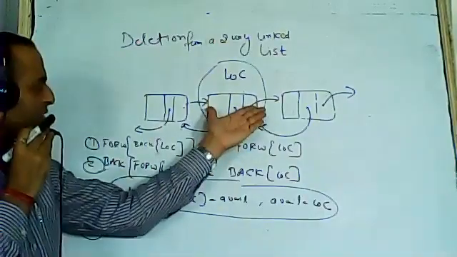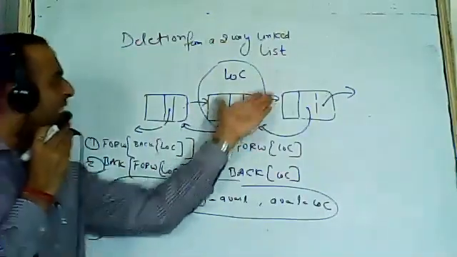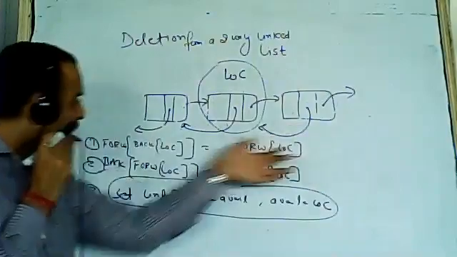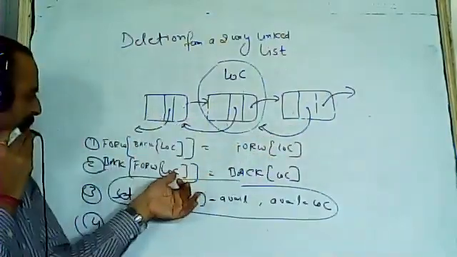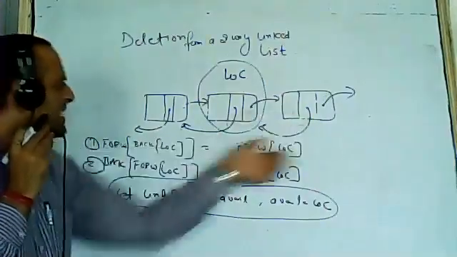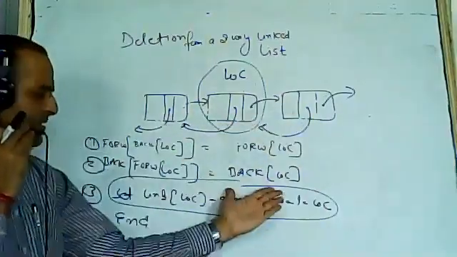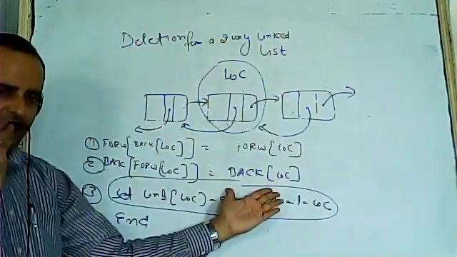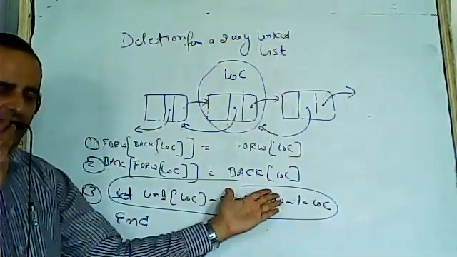And when you are going to delete this node, location's forward's new backward will be this node. Location's forward node is this, and its backward will be this node, which is backward of location. Is it clear now?